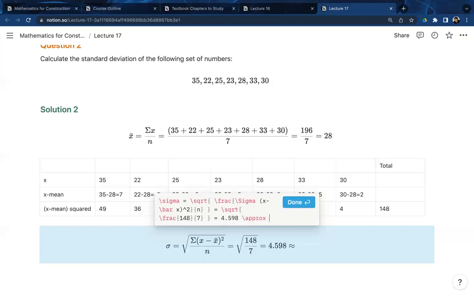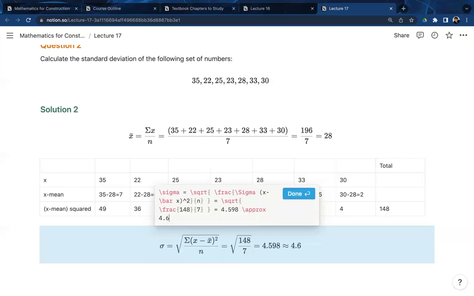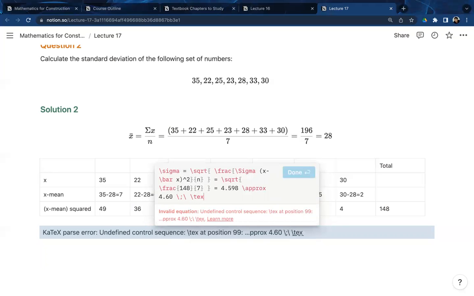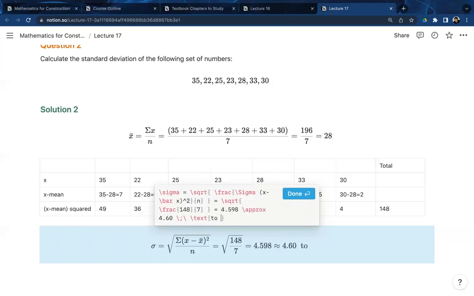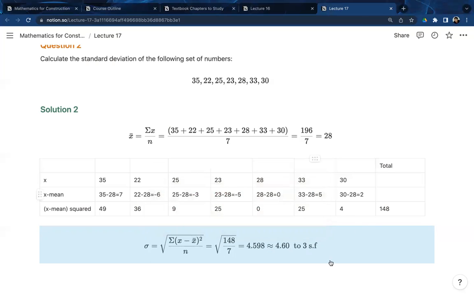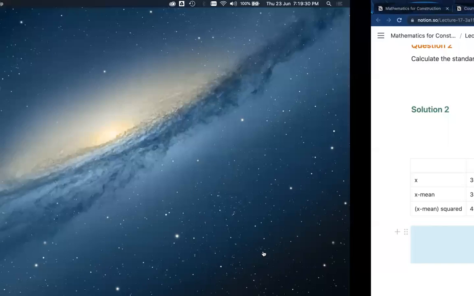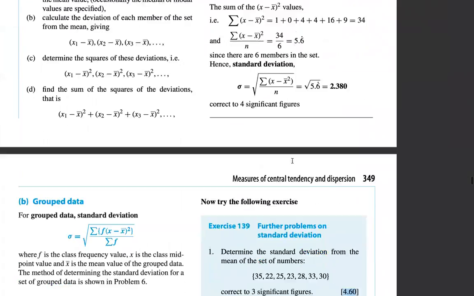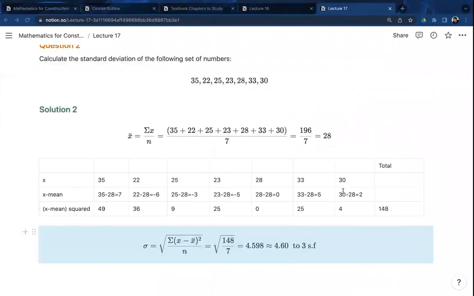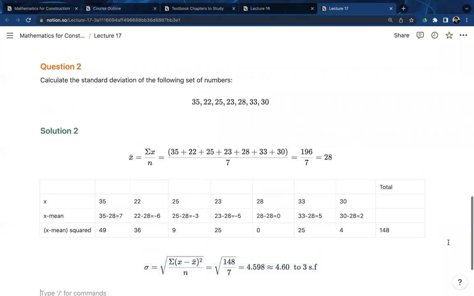If they want 3 significant figures, that is 4.60, right? Because 598 rounded is 600. So 4.6, that's the correct answer. This didn't take long, right? That's how you do it.